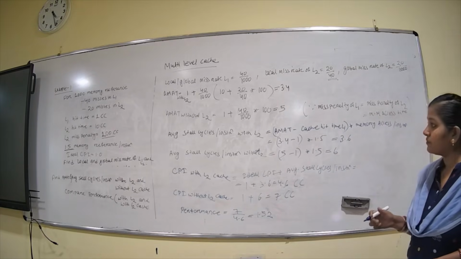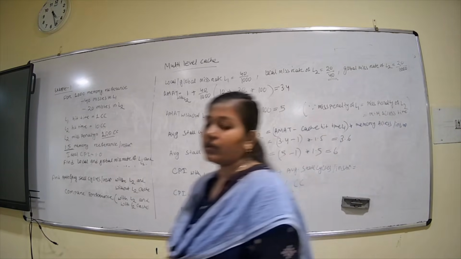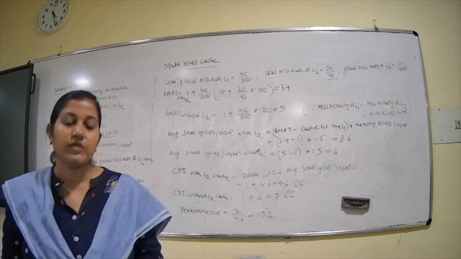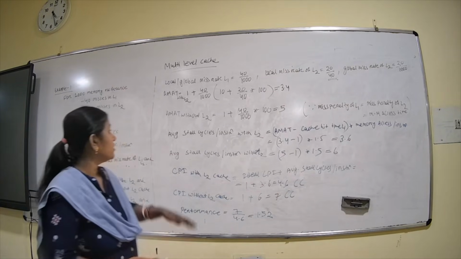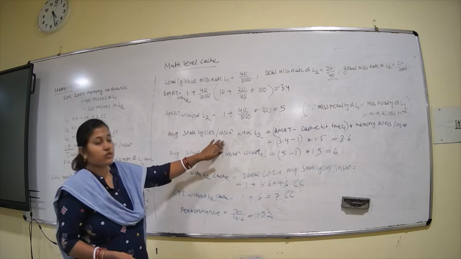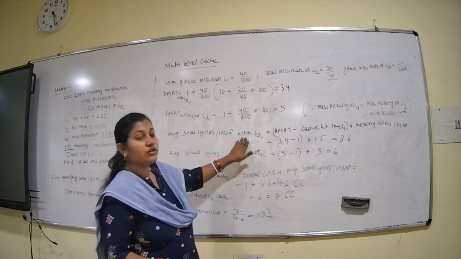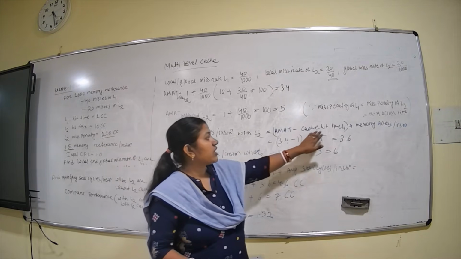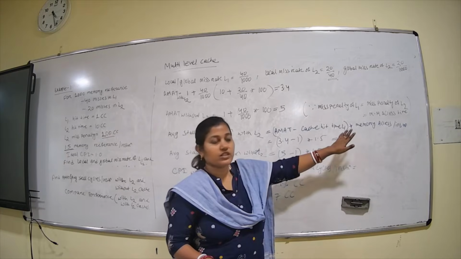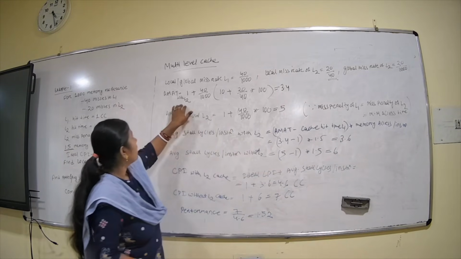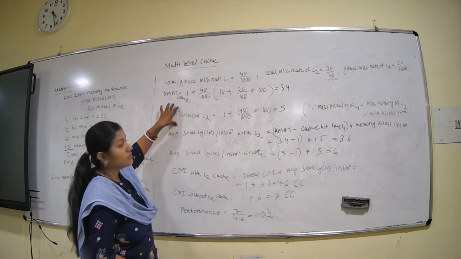Just see what we have done here. Already you know how to calculate the local miss rate and the global miss rate, so that part will not be covered. Then the average stall cycles for instruction: with L2 and without L2, it is average memory access time minus cache time of L1, into memory accesses per instruction.